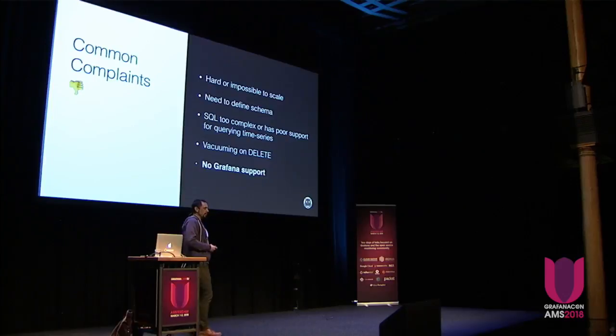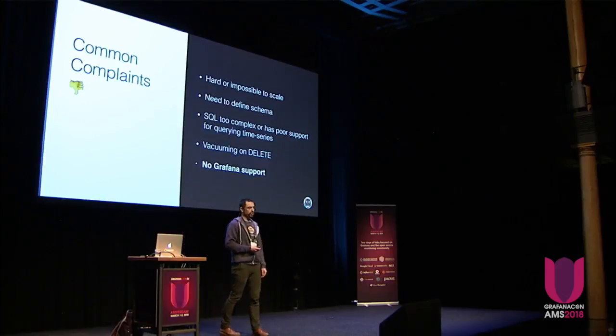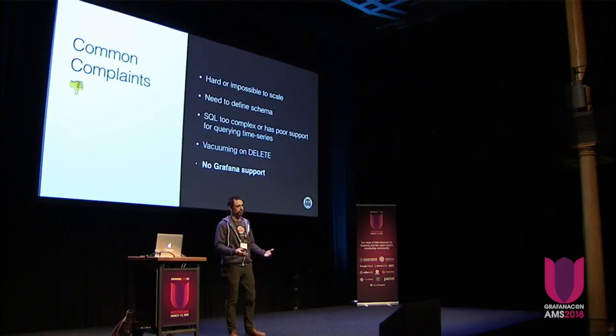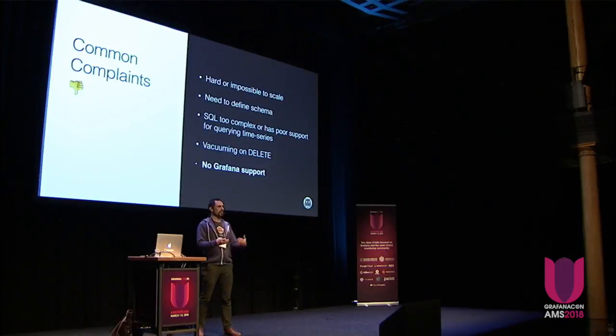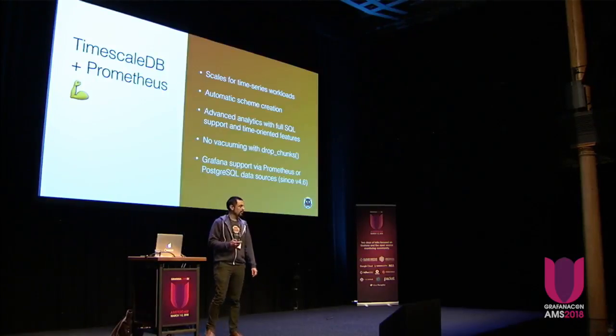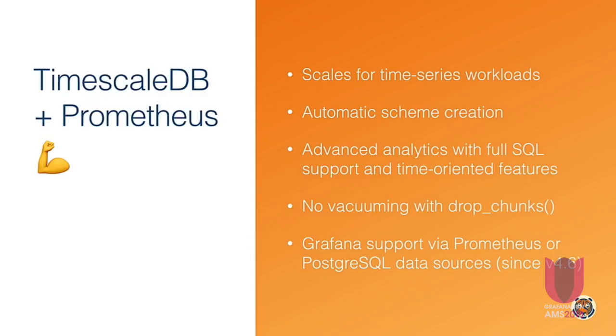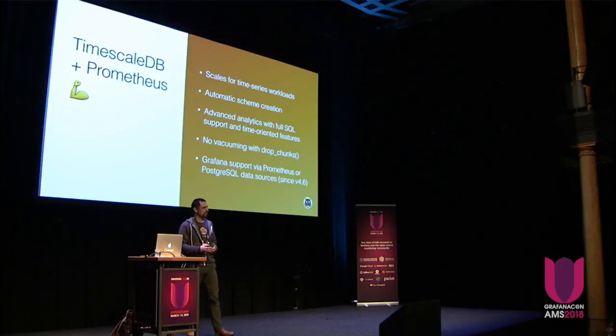And finally, people say, well, I can't use TimescaleDB or Postgres with Grafana, so why should I use a database that I can't use with Grafana? Well, I'm going to claim today that most of these problems, if not all, have been solved in one way or another if you combine Prometheus with TimescaleDB and use Grafana as the visualization.